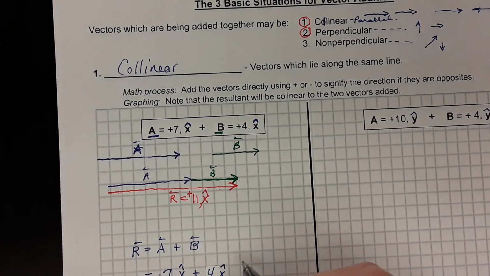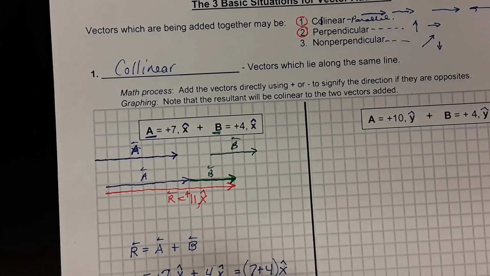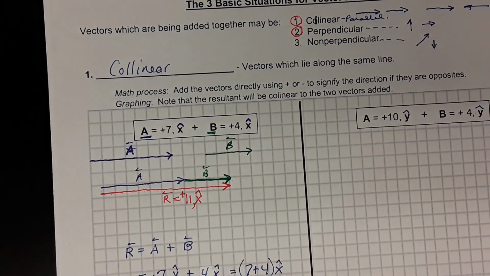Now notice we can factor out the direction because it's the same for each. So we get 7 plus 4 in the positive x direction. So R is going to be 11 units in the positive x direction. Boom. There we go. That's how we do it mathematically. Okay? That's no big deal, is it?